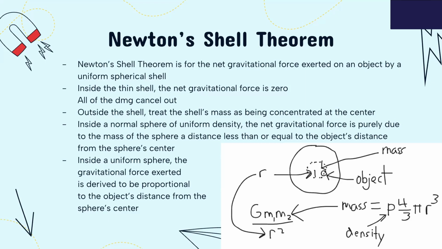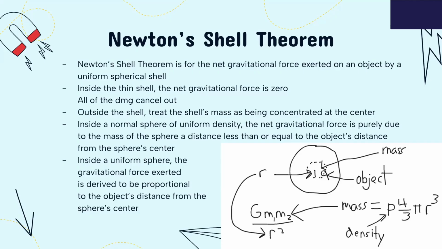from the center. And yeah, so what you can do is use the gravitational force equation G m1 m2 over r squared, and the mass can be equal to rho, the uniform density, times 4/3 pi r cubed.